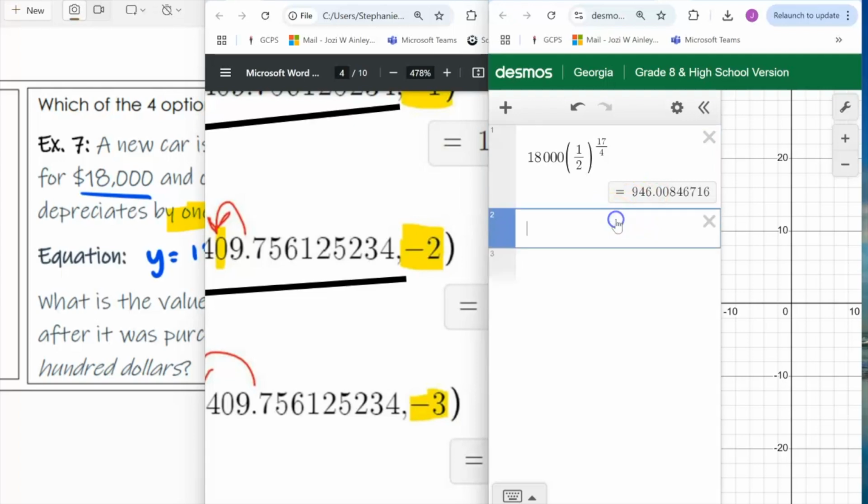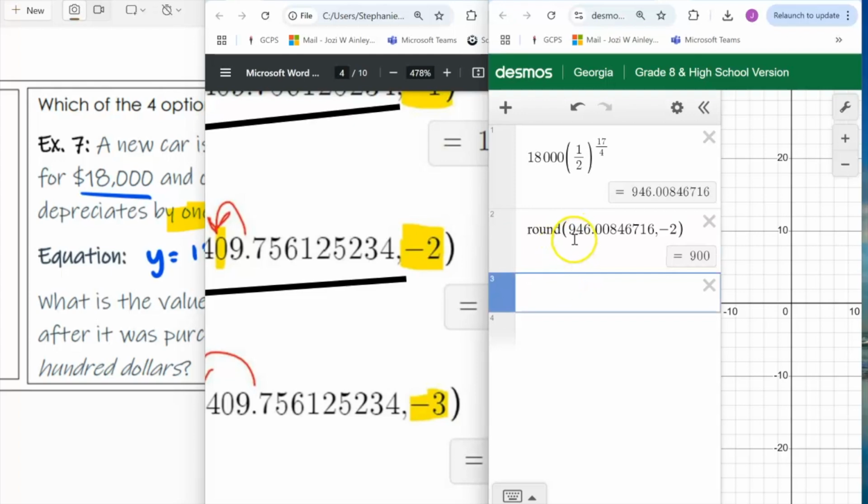In this case, if I say round, and I want this, Control C, Control V, comma, -2. Think about it for a second. So count in hundreds. So I go 100, 200, 300, 400, 500, 600, 700, 800, 900, 1,000.